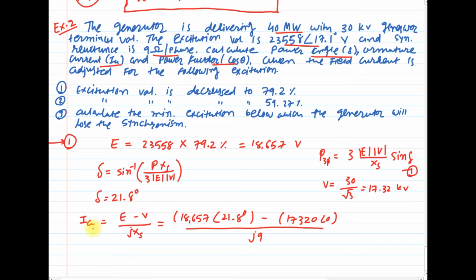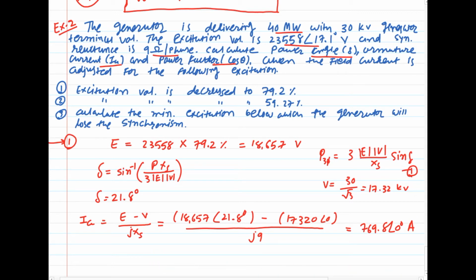Clear? The same process which you followed in the previous example. So the armature current for case A, where the excitation is decreased to 79.2%, is 769.8 with angle 0 degree ampere.